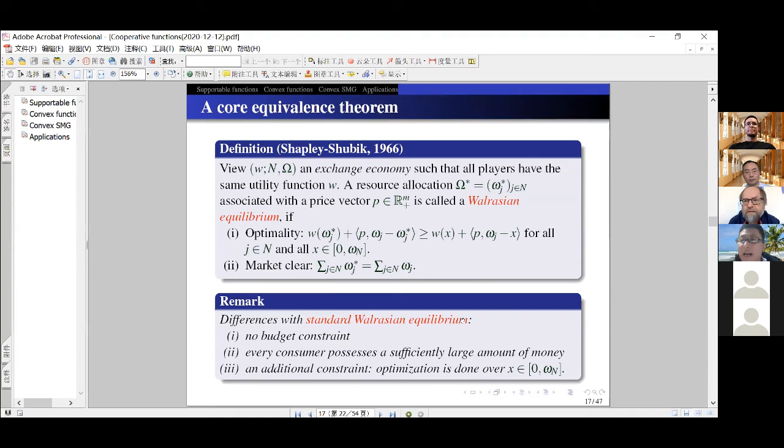Oh, thank you. This is an excellent question. A very excellent point. Here we assume that all players report their parameters omega j truthfully. We didn't consider any strategic problem, and maybe in the future we will consider the truthfulness problem, because that's a very important dimension. Thank you for pointing this out.